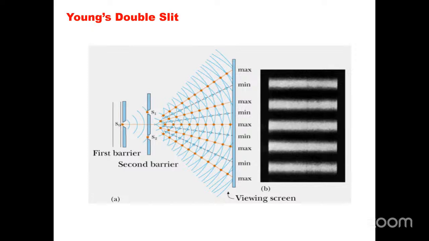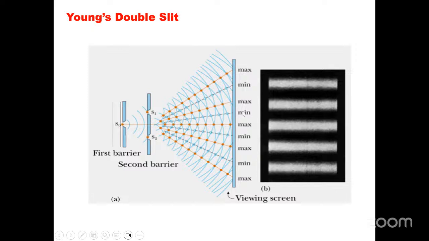And before discussing all these things, this is the central one, the central maxima. Maxima means bright, minima means dark. Maxima, minima, maxima.